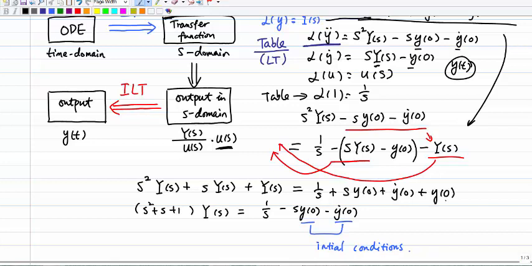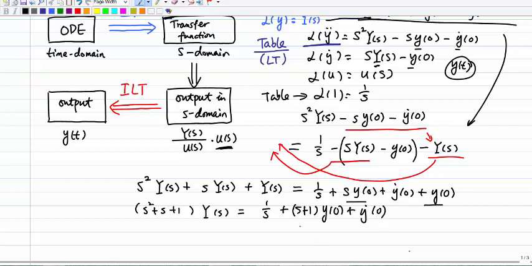So this one has s squared plus s plus 1, times Y of s, equal to 1 over s plus s y0 plus y dot 0. We can combine these together: s plus 1 times y0, plus y dot 0.